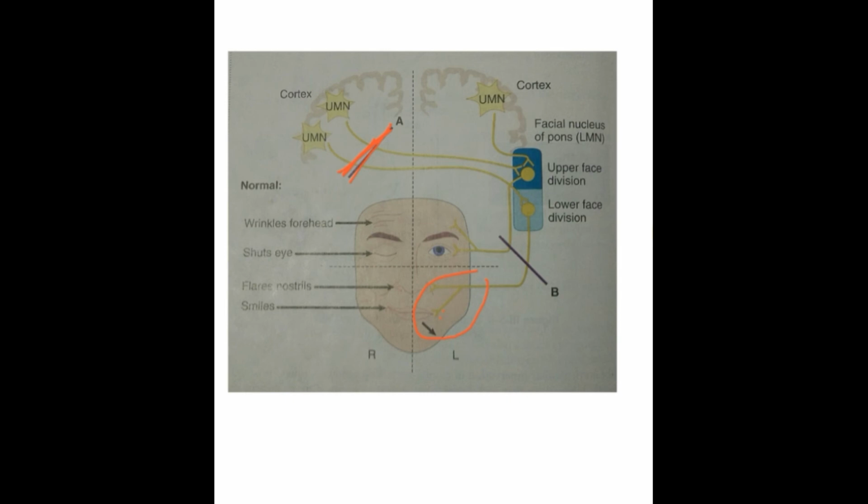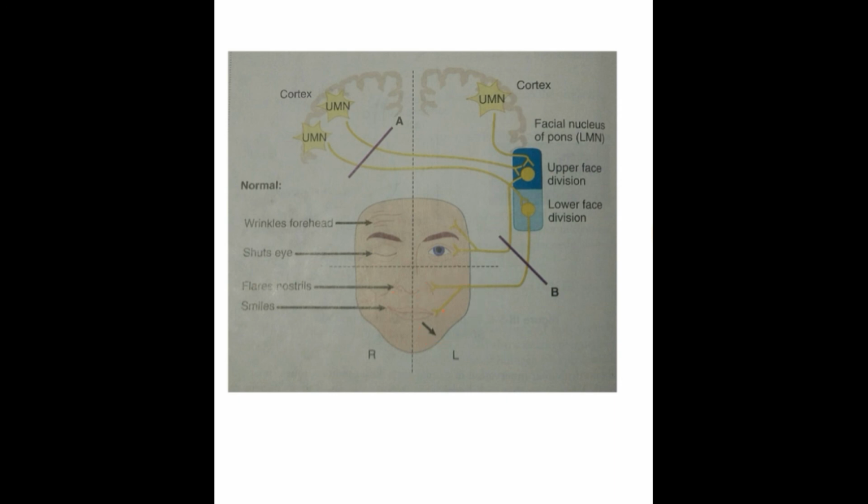So this part of the face will be weak, but the patient would be able to wrinkle his forehead, the patient would be able to shut his eye because it is receiving bilateral innervation. So there is enough innervation being received from the opposite side. Hence there won't be any signs and symptoms associated with inability to wrinkle forehead or shut eye. These all will be present in lower motor neuron lesion. Only weakness of the lower part of contralateral face will be seen.